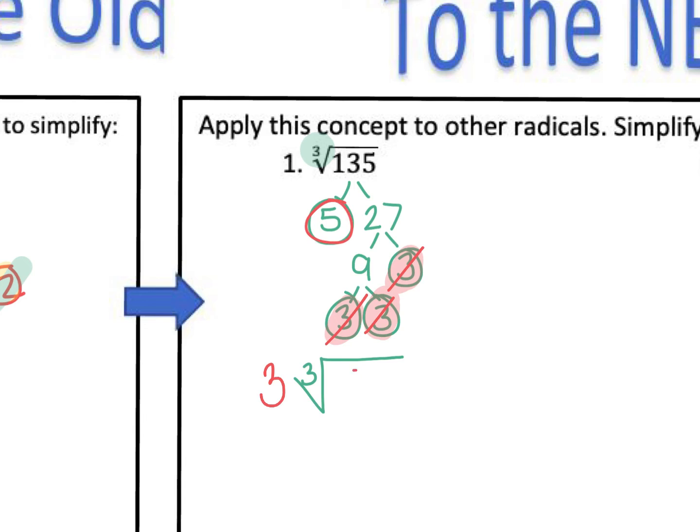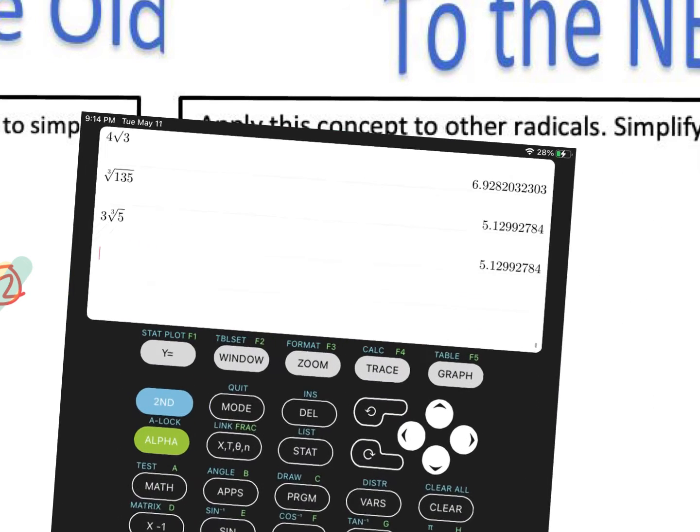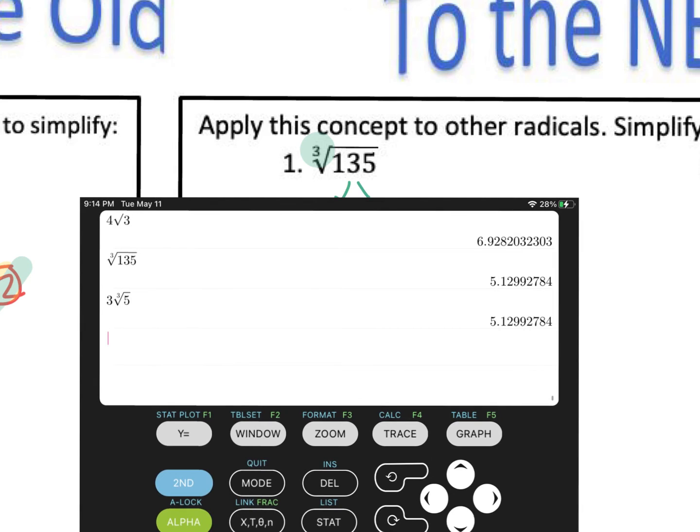What's left over? This 5 inside. Again, grab your calculator and make sure that your answers match. So again, I've typed in both radicals, cube root of 135 and 3 times the cube root of 5, and I see that they're both approximately 5.13.